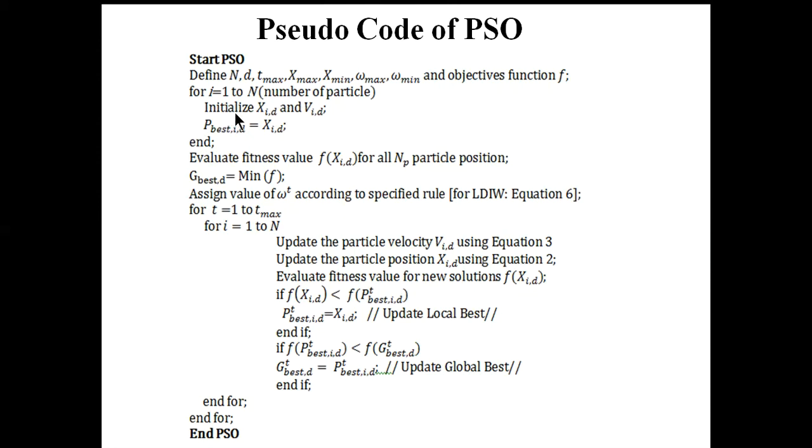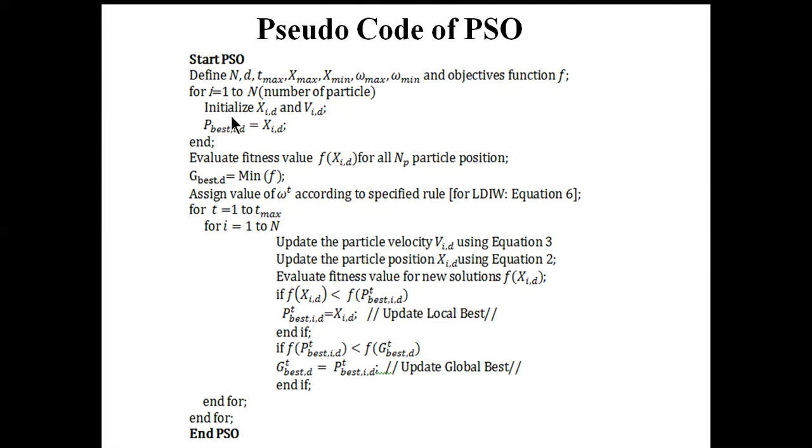Right now, initially the local best solution is the initial value, because we have not started any kind of search. So at the starting point the local best solution is the initial current position, so p best i,d equal to x i,d. Okay, so we end this loop.